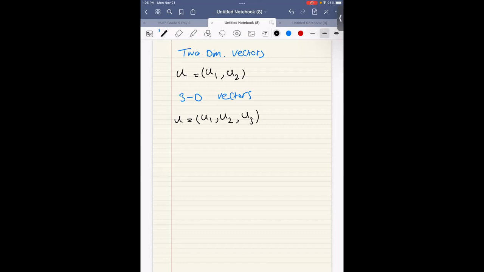But there are two fundamental operations with vectors. One is vector addition, and another one is scalar multiplication. What is vector addition? Whenever you have two vectors u and v equal to v1, v2, and v3, how do we add the two vectors?